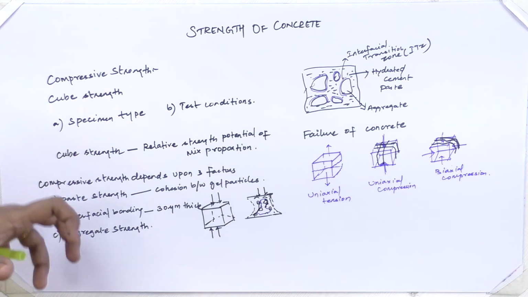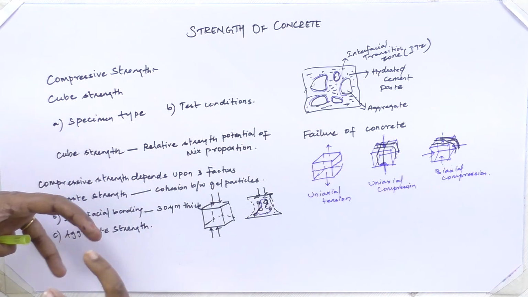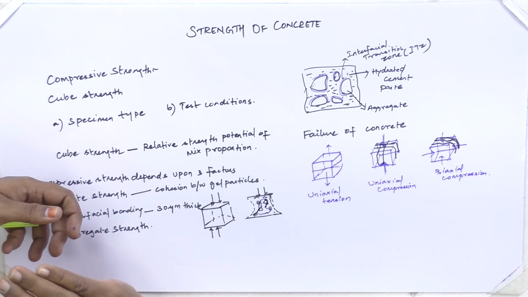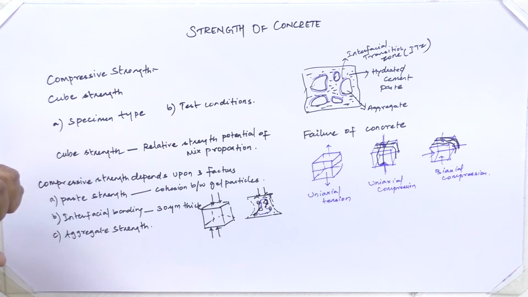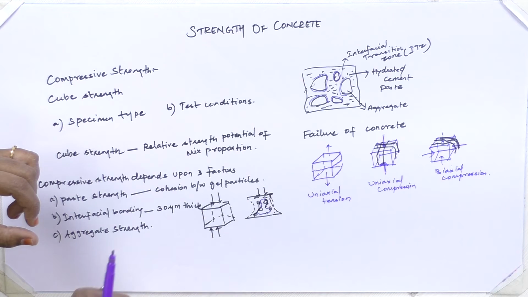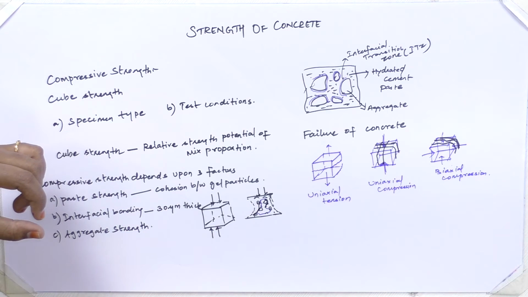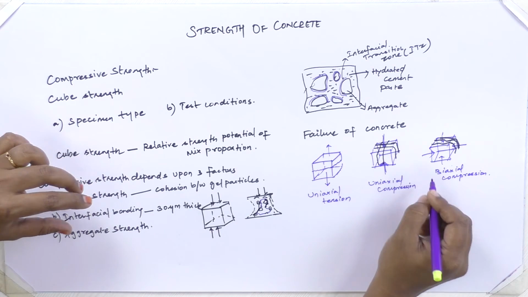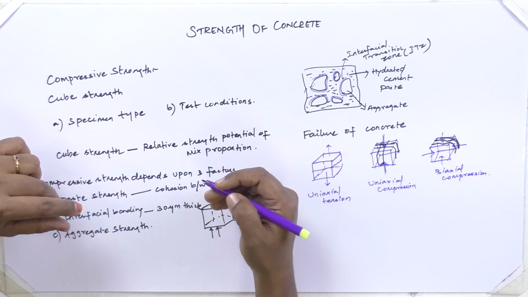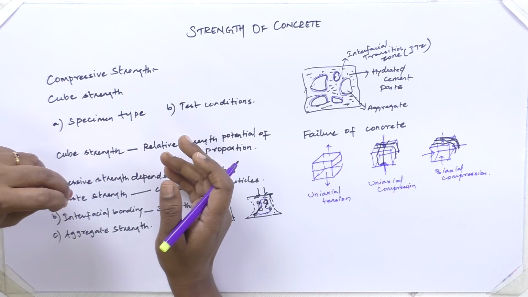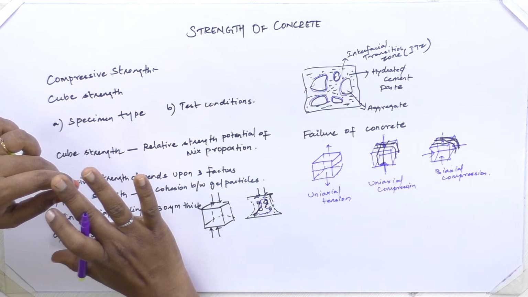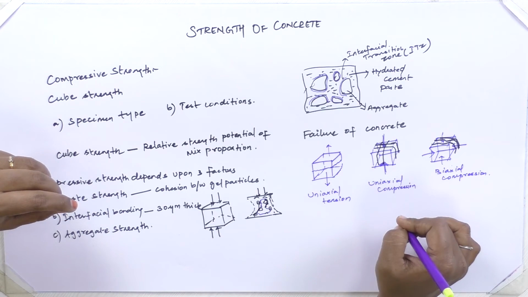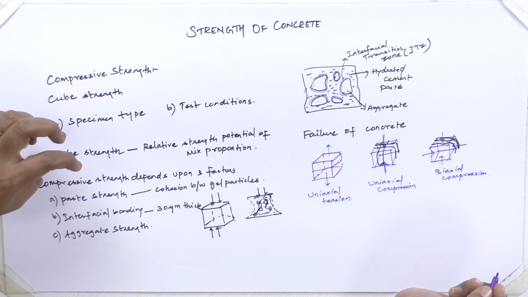Whereas in compression, I am trying to push the material, so that even any gel pores present will try to compress in size, and it can take comparatively more load. That's the reason why we say that concrete is strong in compression.